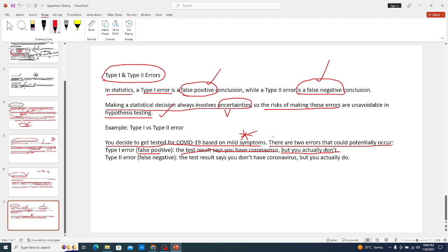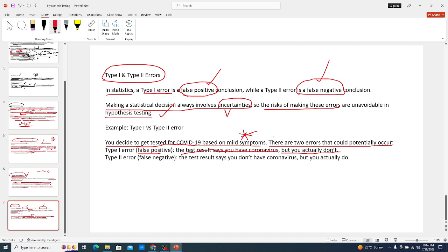What about type 2 error? You might conclude that you don't have coronavirus, depending on the symptoms which you have portrayed, but actually you do have it. So these are two types of errors which we might commit when doing hypothesis testing.